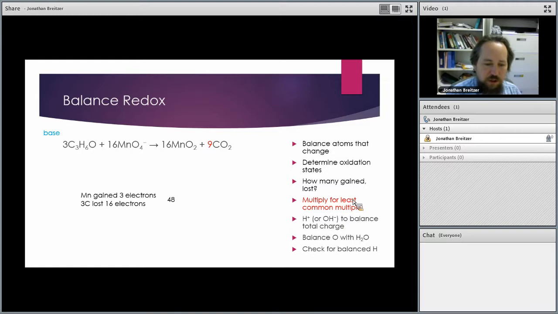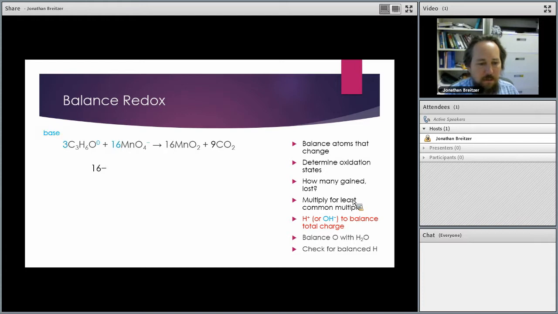Okay, now that we've done our multiplication, our next step is to balance the total charge. And we're balancing in base, so we're going to balance it with hydroxides. Well, let's look at the total charge on each side here. The total charge on the left side is 16-, and we know this because the C3H6O has a charge understood to be 0. 3 times 0 is still 0.